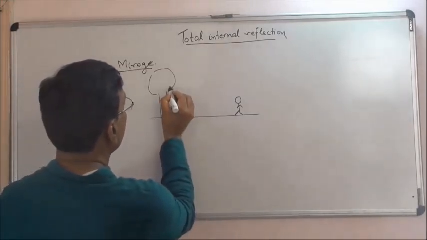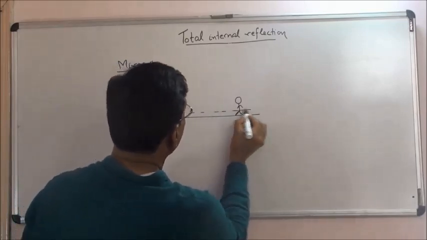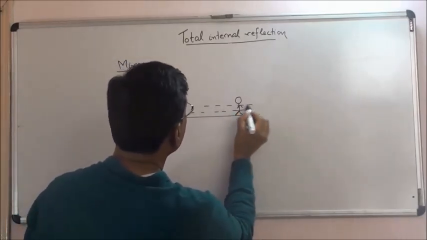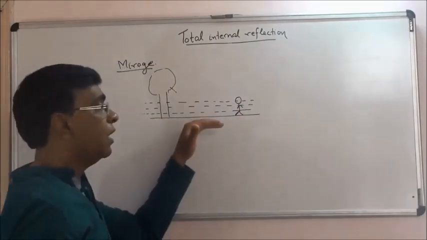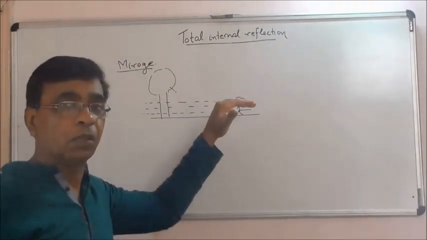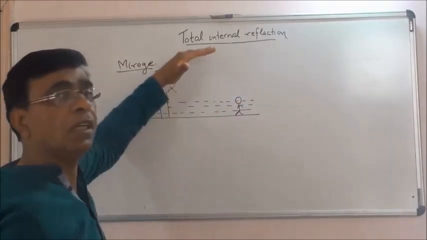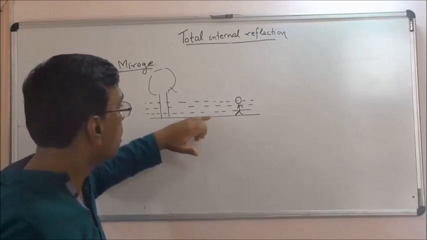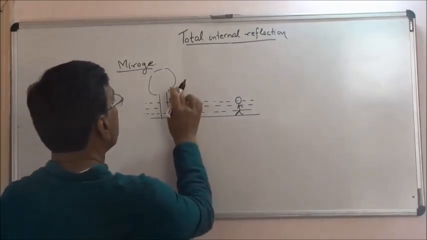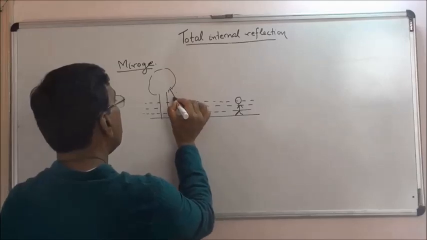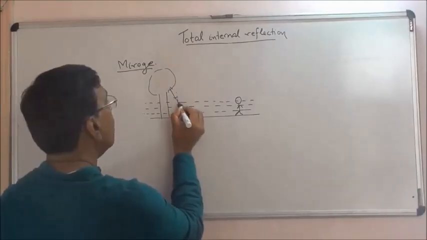Suppose one light ray I am taking from this part, and let us take 2-3 layers of air, though the variation is continuous actually. But just to make this explanation easier, I am taking 2-3 layers with different refractive indexes. This one minimum and increasing. So just take one light ray. It is moving from denser to rarer. So it will move away from the normal.